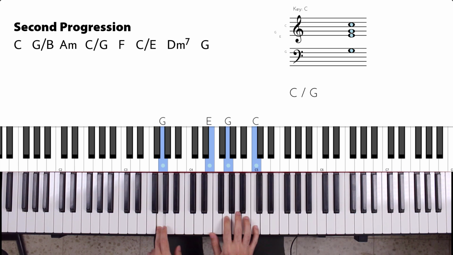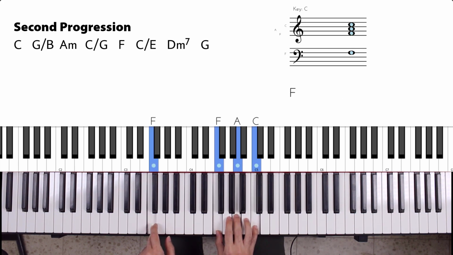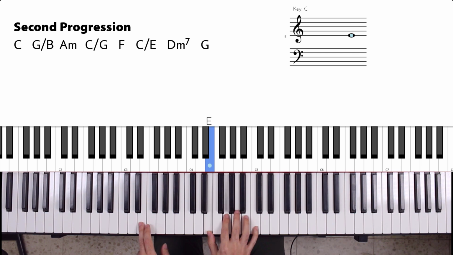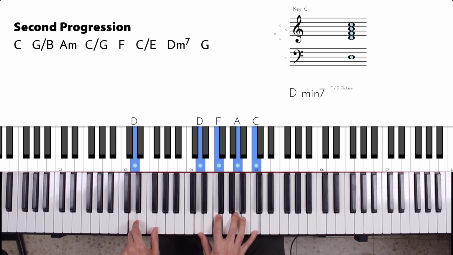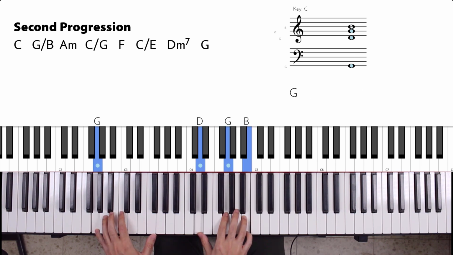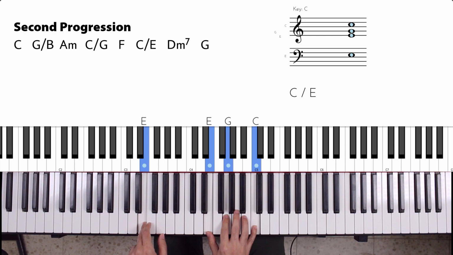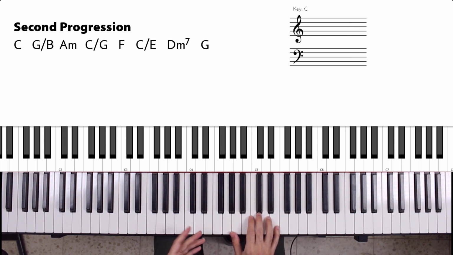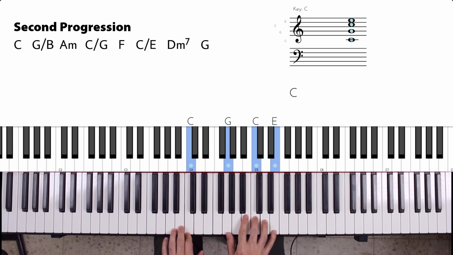The next chord is an F major over the bass of F, followed by a C major over the bass of E, a D minor 7 over the bass of D, and then a G major over the bass of G. There's a little variation of this where the C major over the bass of E is replaced by an A minor over the bass of E. The entire chord progression sounds like this.